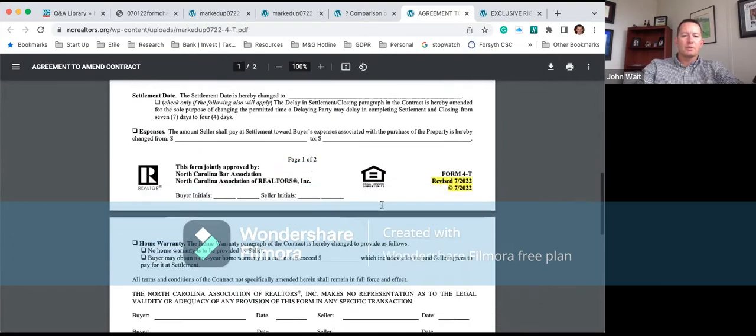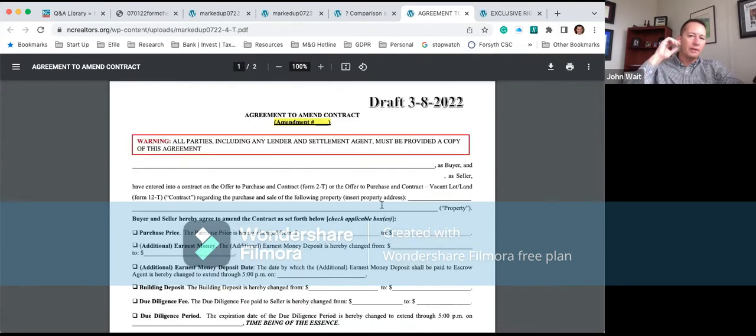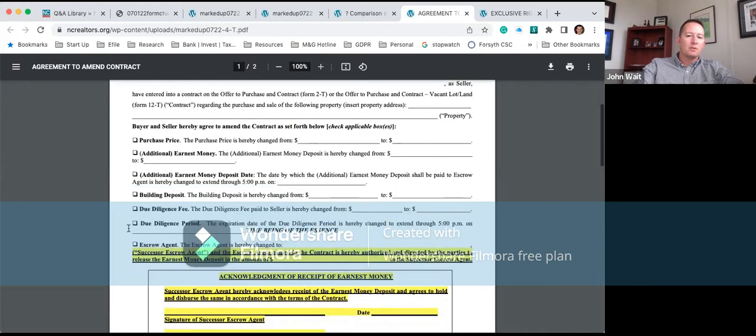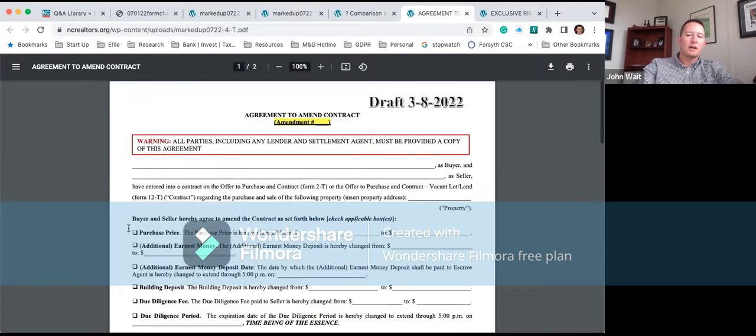I'm also going to add some language to make it clear that, unless changed by a subsequent amendment, any amendment stands. Let's say you have amendment number 1 where you change the purchase price, and then amendment number 2 only changes the due diligence fee. I don't think amendment number 1 is superseded. Amendment number 1 still stands, so I'm going to add some language to make that more clear. I think that's true now, but I want to make sure that if you end up in court with one of these things, it operates how it should.